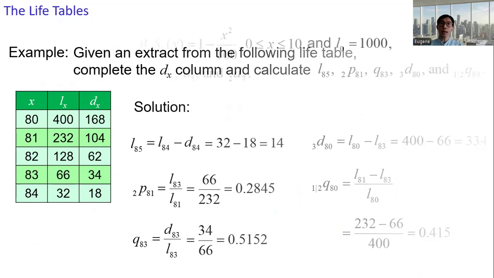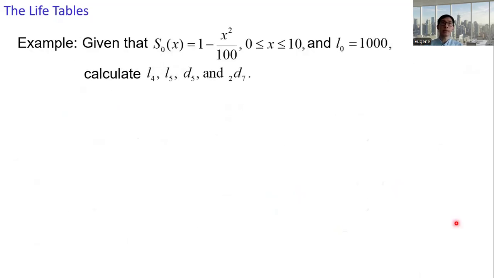Let's take a look at another example. Given that S0 is 1 minus x squared over 100 and L0 is 1000, calculate L4, L5, D5, and 2D7. All right, L4, from the relationship TPX equals Lx plus T over Lx, and we get the relationship Lx plus T equals Lx times TPX, and we want to get L4, and we are given S0.